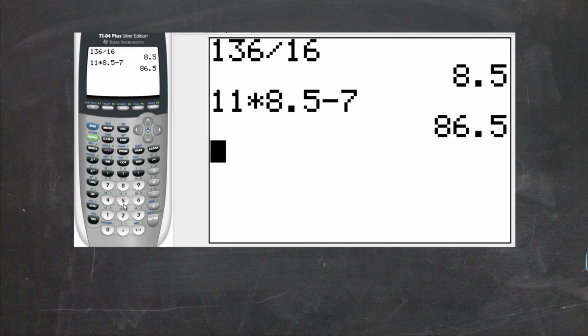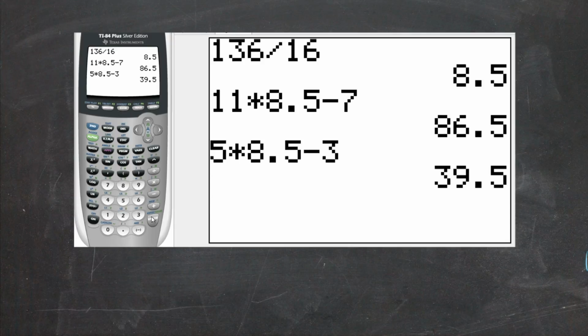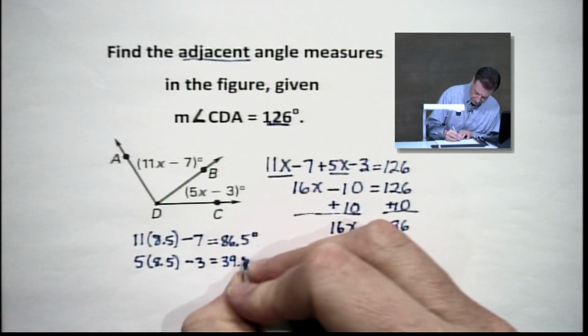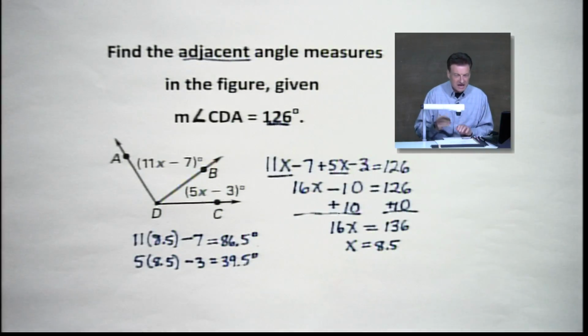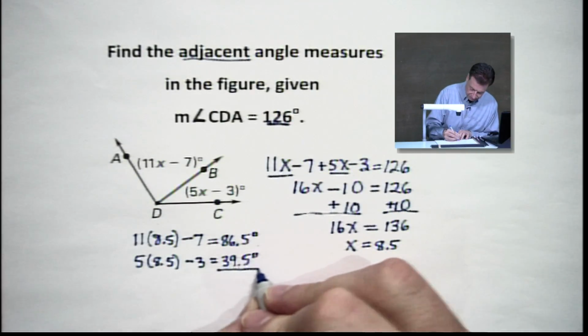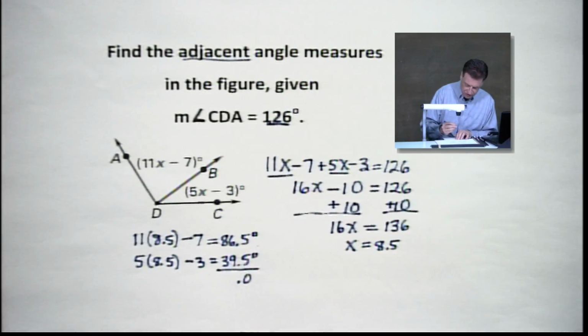So let's see. We got 5 times 8.5. And we're going to subtract 3. And I'm getting 39.5. And of course, those are degrees. If you add those two together, well, we got a 0 on the end. That's good news.